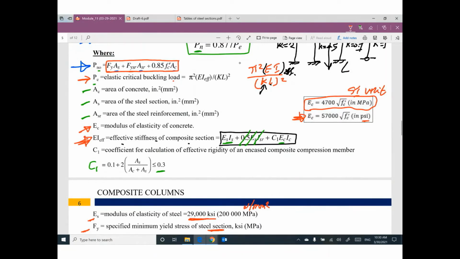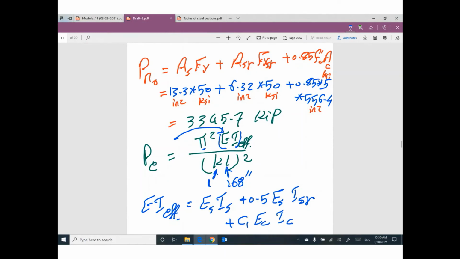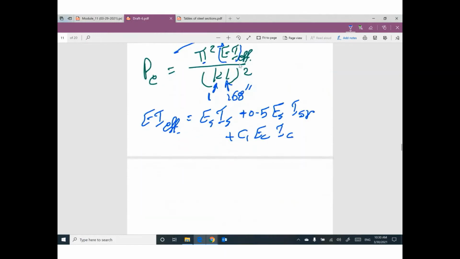EI effective equals E steel, I steel, plus 0.5 E steel, I steel reinforcement, plus C1 E concrete, I concrete.